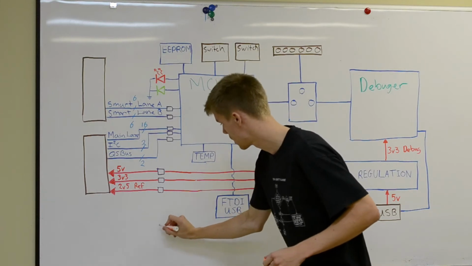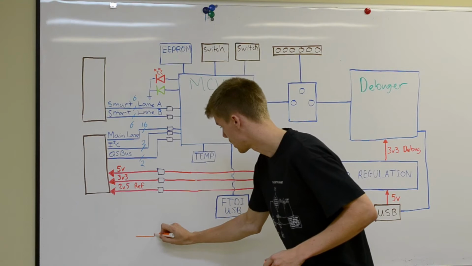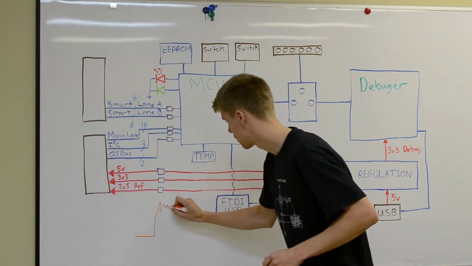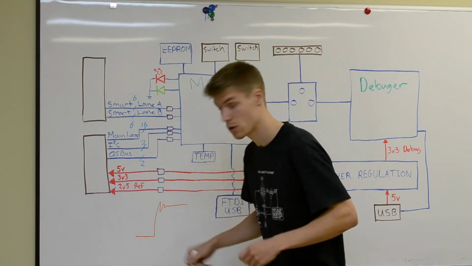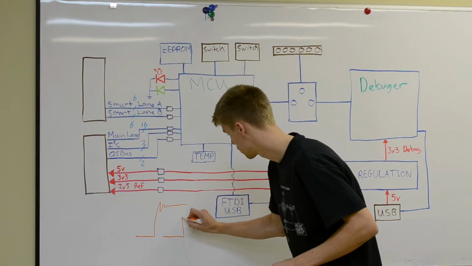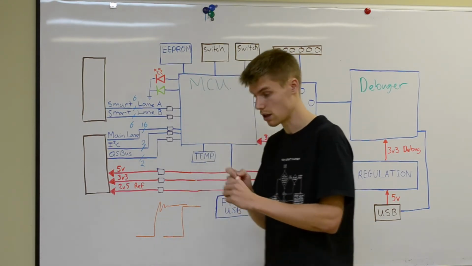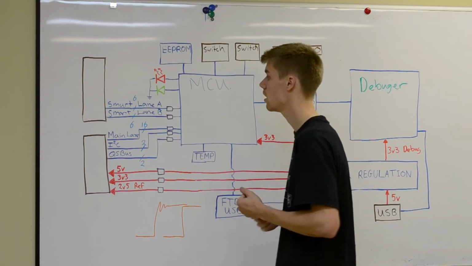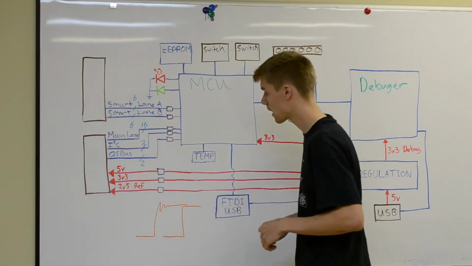So instead of getting a signal something like this, we actually measure our signal, even when we just use the long scope probes, as just that. It really helps the signal integrity and prevents crosstalk between the lines.